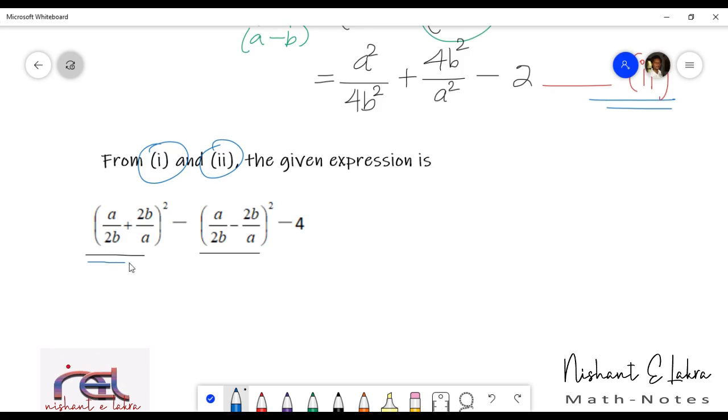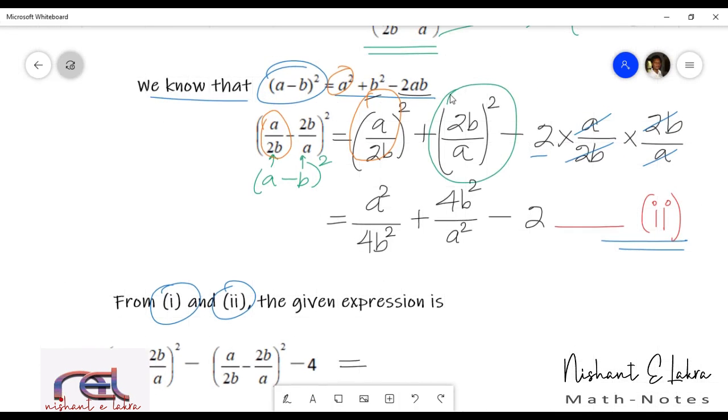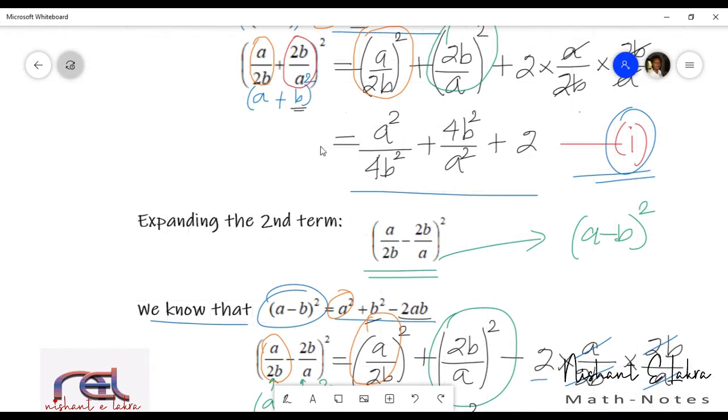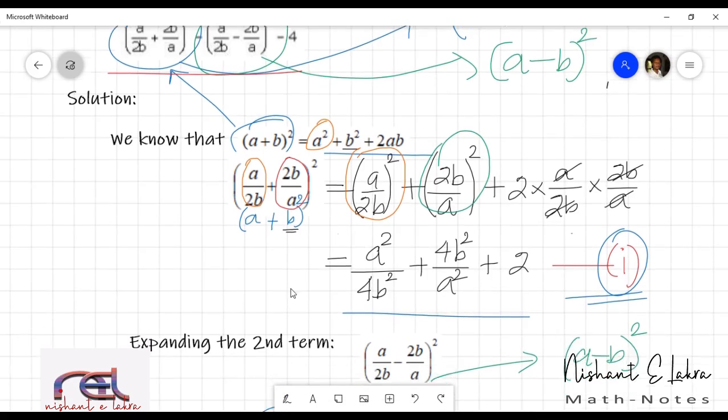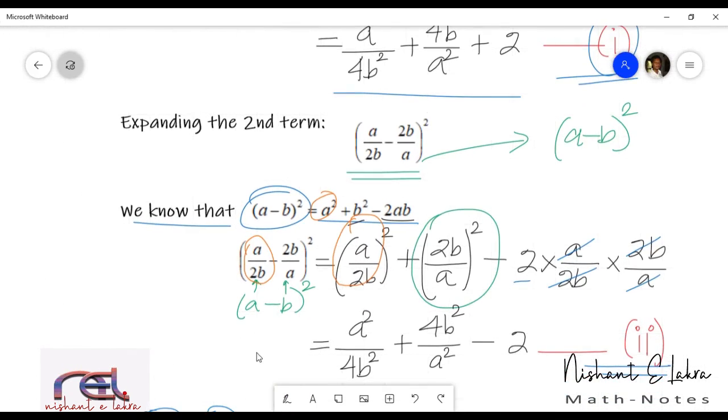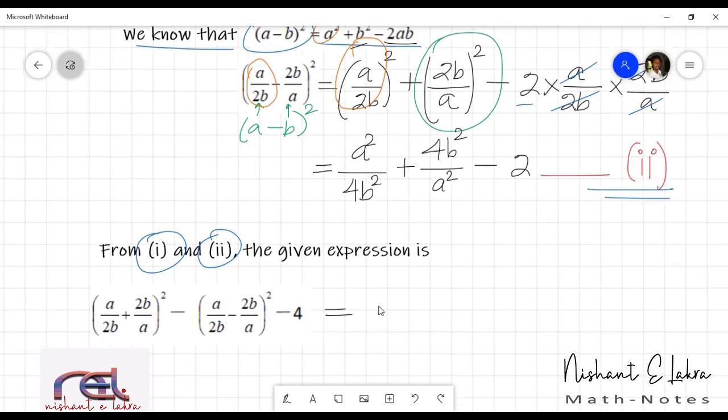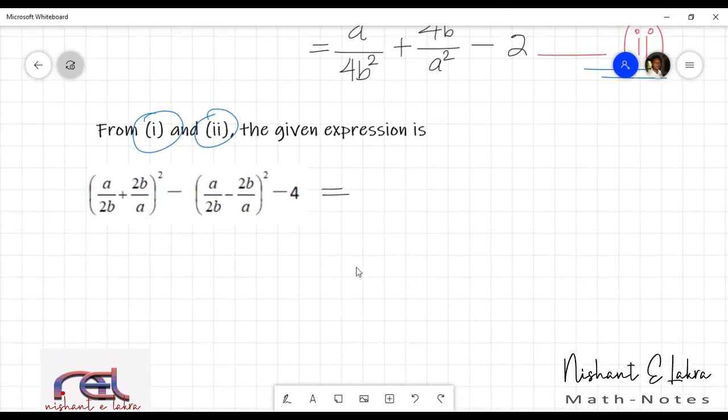So (a by 2b plus 2b by a) whole square, we have already found, that is equation 1, and (a by 2b minus 2b by a) whole square is also found, that is equation number 2. So we will replace the values with the expansions that we have already found, and that is what I'll be writing down.